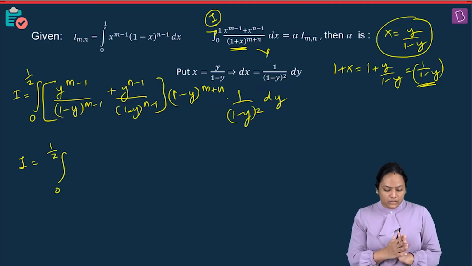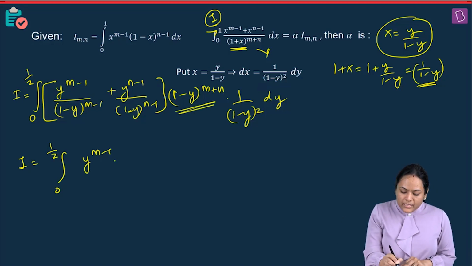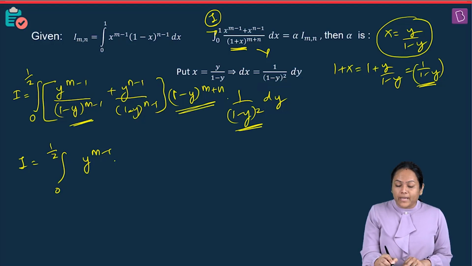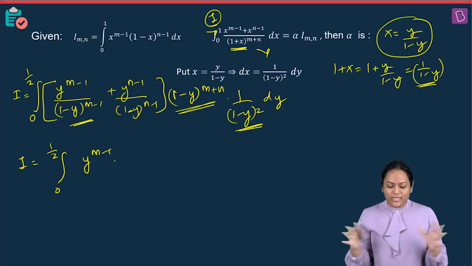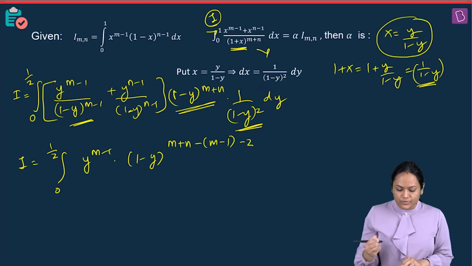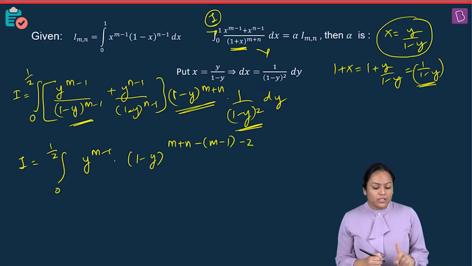So my I definitely will therefore become integral 0 to half. Now I'm multiplying the terms. So I'll get y raised to m minus 1 multiplied by 1 minus y raised to m plus n, 1 minus y raised to m minus 1 and 1 minus y whole square in the denominator. When I combine totally, it's going to give me 1 minus y raised to m plus n minus m minus 1 minus 2. What is this value coming out as? Well, it's becoming n minus 1, right?